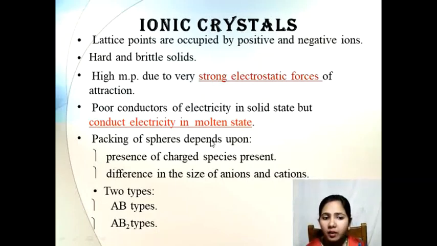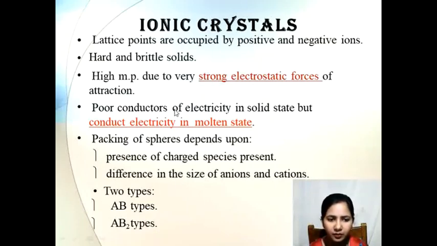They are poor conductors of electricity in the solid state but conduct electricity in the molten state. It's very important: ionic crystals are insulators in the solid state, but in aqueous form or in the molten state, they do conduct electricity. The next property is that they are soluble in polar solvents but insoluble in non-polar solvents.